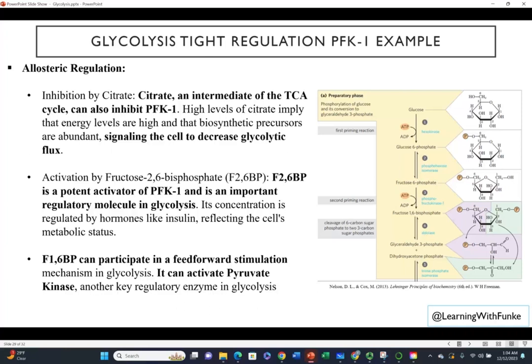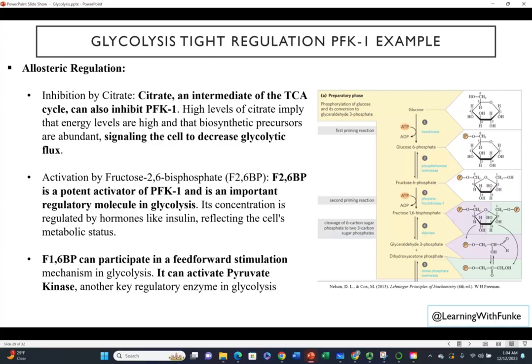It means we have high energy levels because we are going all the way through the TCA cycle, and it also means we have too many biosynthetic precursors. This can signal the cell, through allosteric regulation, to decrease the glycolysis reaction, so the flux through glycolysis.